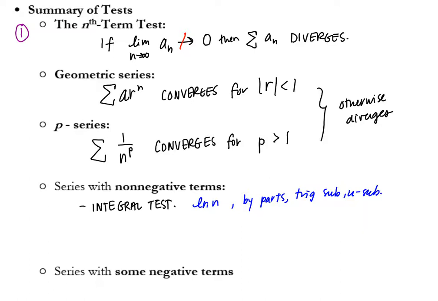If something is integrable, we could try the integral test. If not the integral test, perhaps we want to compare this. Maybe it looks similar to a known geometric or p-series, so we could use any of the comparison tests.